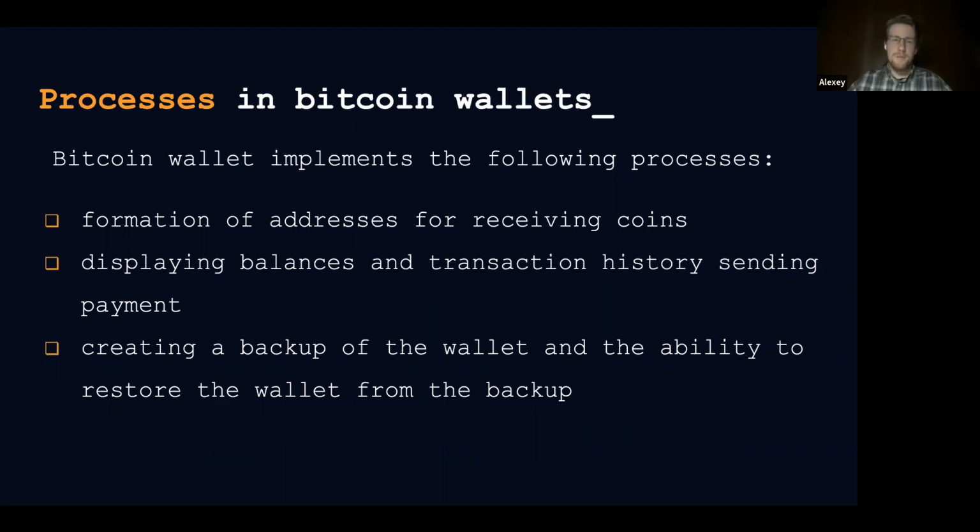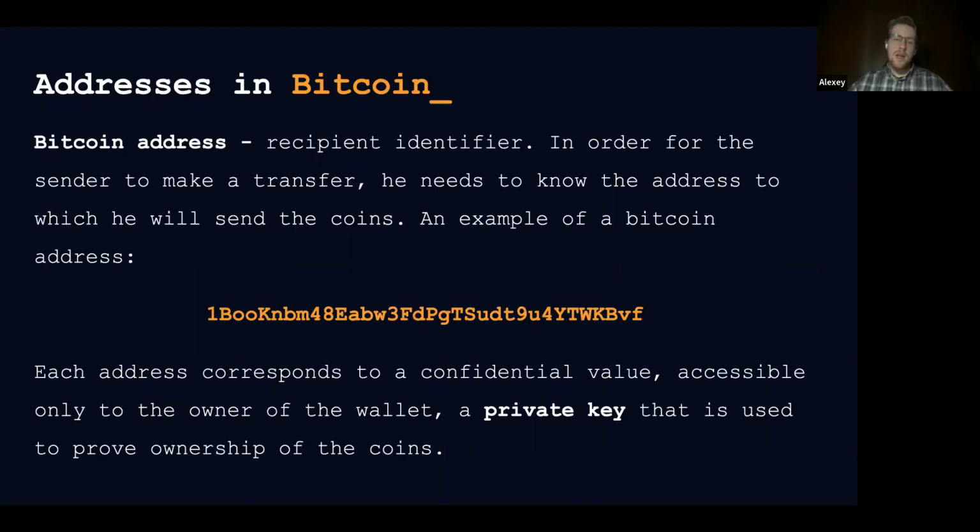sequence of words. A Bitcoin address is the identifier of the recipient. In order for the sender to make a transfer, they need to know the address, basically, where am I sending the coins? Here you have an example of a Bitcoin address. Each of the addresses corresponds to a confidential value, which we call a private key.